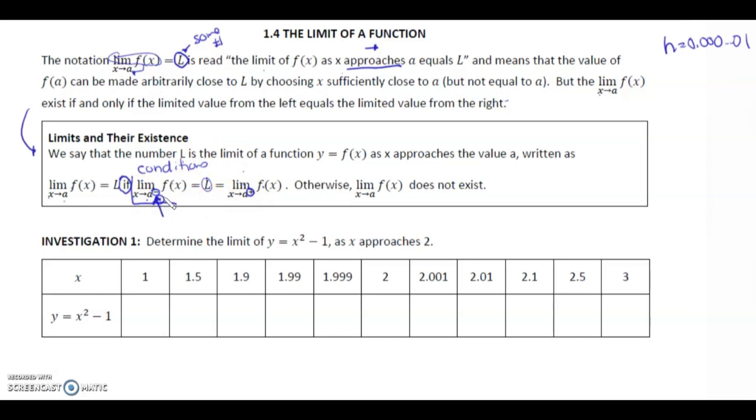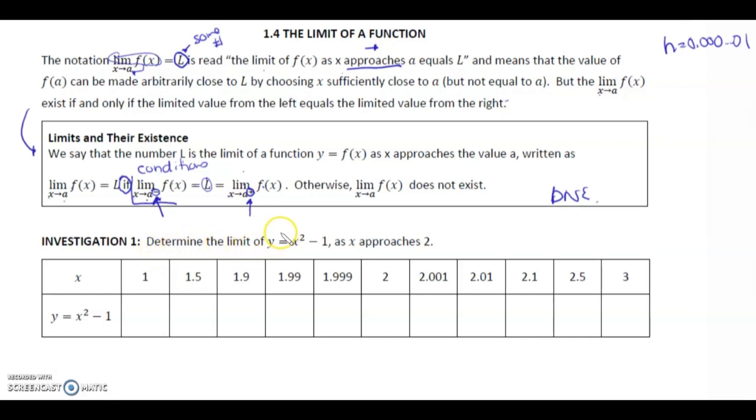This left-hand side and right-hand side are very important. If those numbers do not equal the same number, the limit of f of x as x approaches a does not exist. You can just write "does not exist." So let's go ahead and investigate.